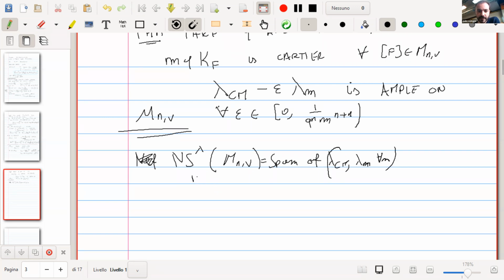So this is a subspace of the actual Néron-Severi group. And then the lambda nef cone is just the nef cone of your moduli space intersected with this lambda Néron-Severi group.